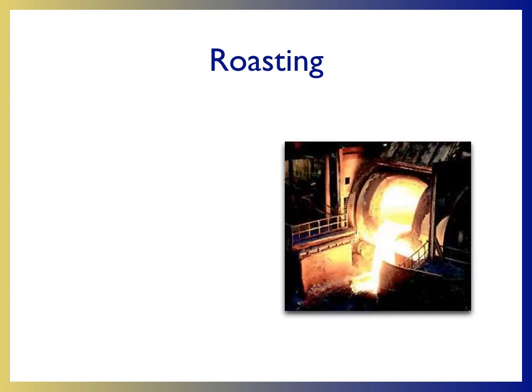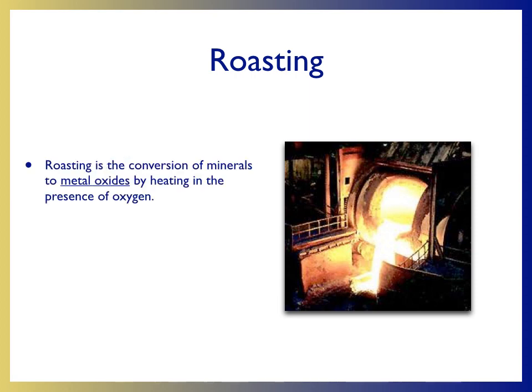Another useful process in preparing our ore for reduction is roasting. In roasting, a mineral is heated in the presence of oxygen to form a metal oxide. These metal oxides, once again, are much more receptive to undergoing reduction.